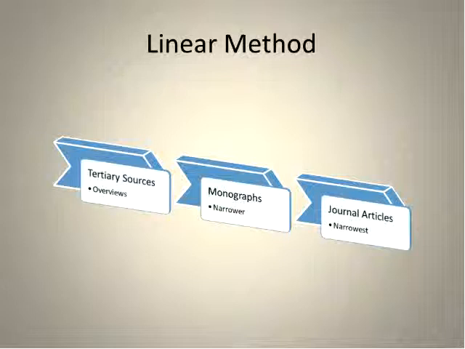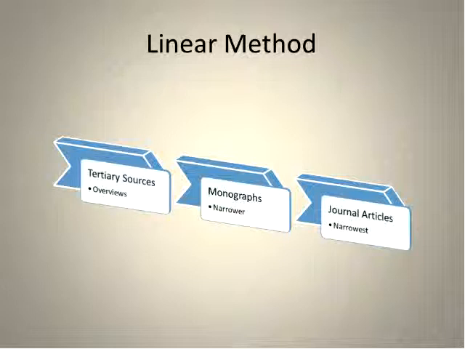But if you think in this direction, then you're likely to realize that the sources that you find in the very beginning can lead you to better and better sources along the way. So look at this graphic. You might begin with the tertiary sources to find overviews and access points.